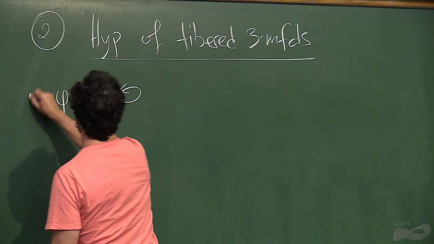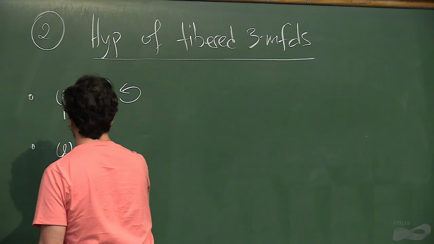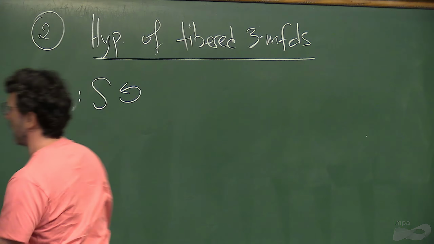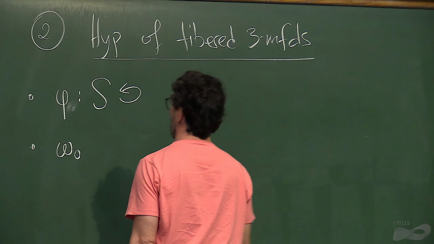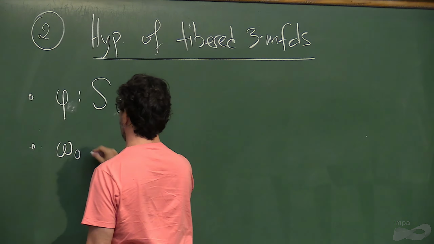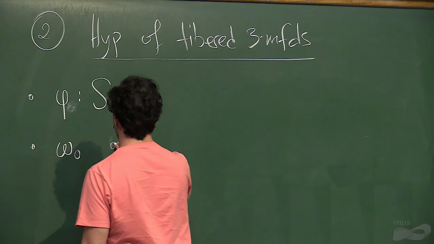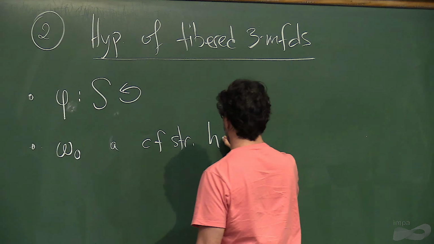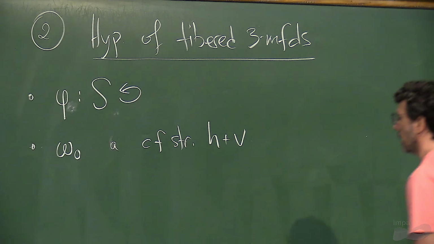And then omega 0, I'm not calling this phi 0 because it doesn't have to be. This is some pseudo-Anosov map on some surface. This is a conic flat structure with horizontal and vertical directions.